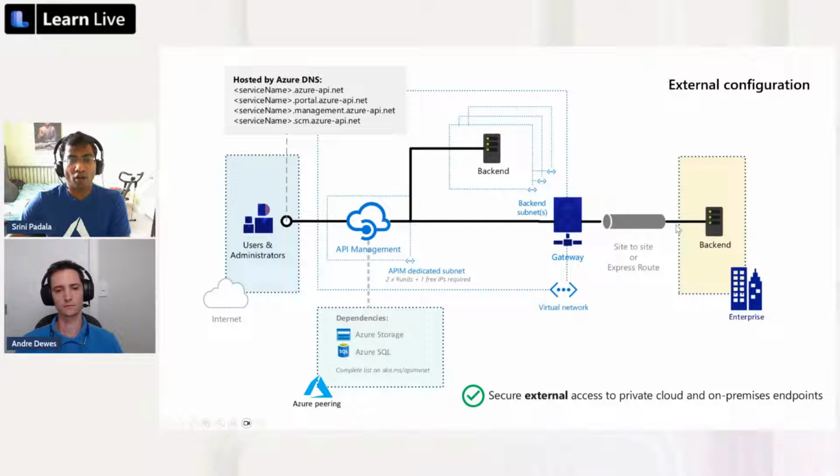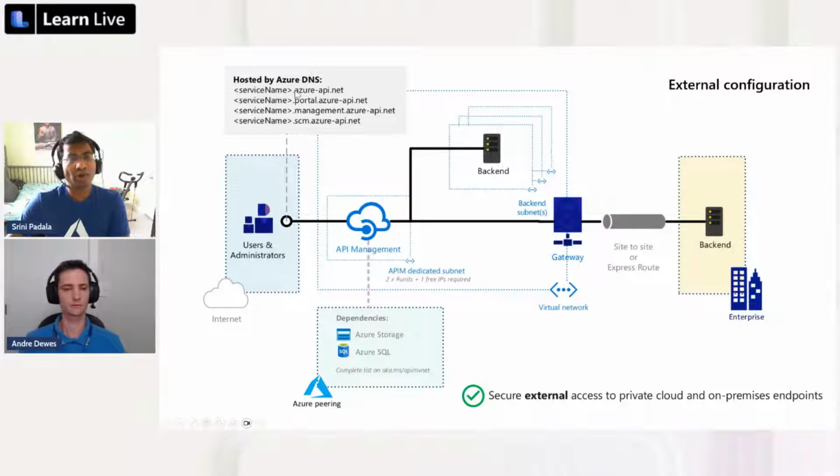It can talk to your on-premise API backends that are hosted in your private data centers, which are connected to Azure through site-to-site VPN or express routes. But the only thing is, it is also publicly available for consumption from the internet. And because this is publicly consumable from the internet, all the DNS entries that you see here are hosted by Azure.